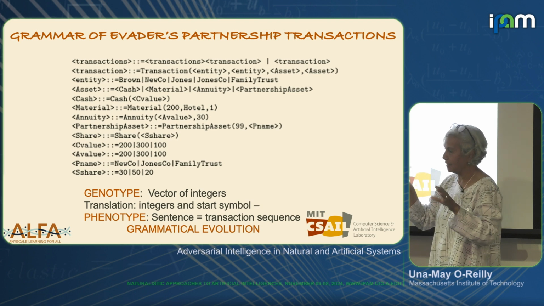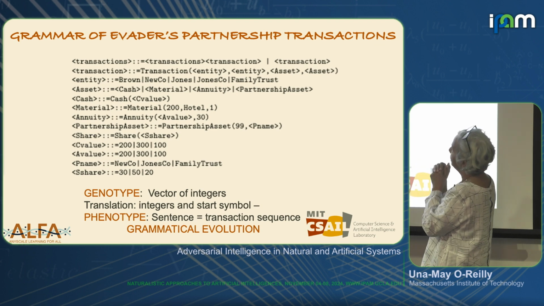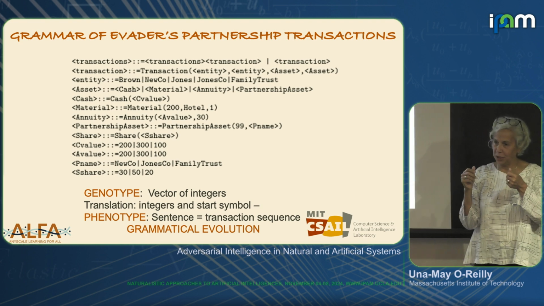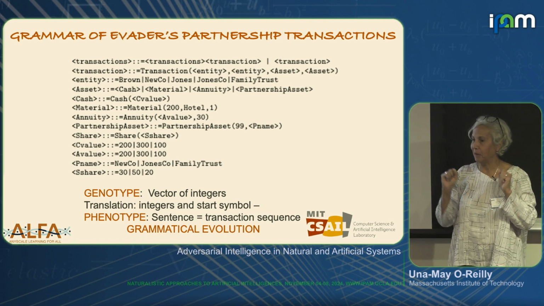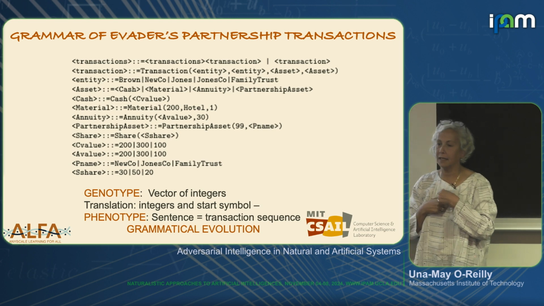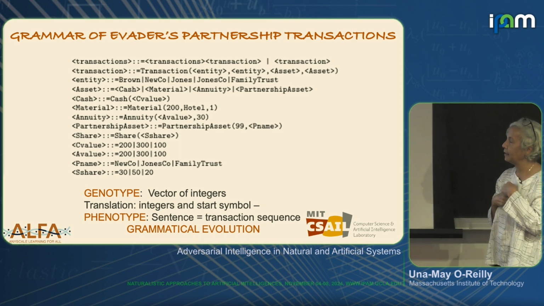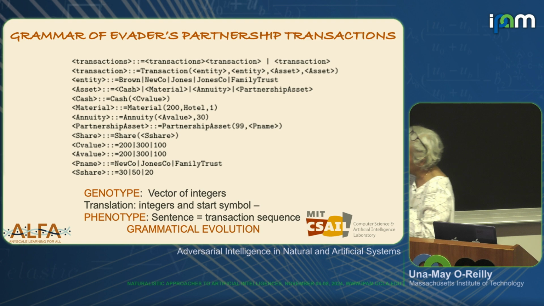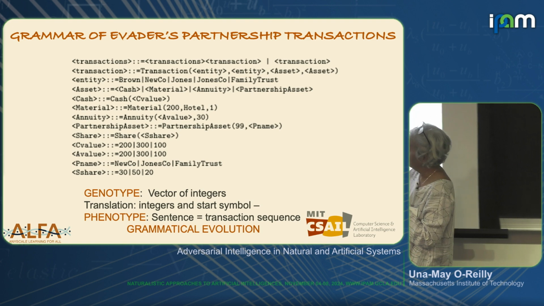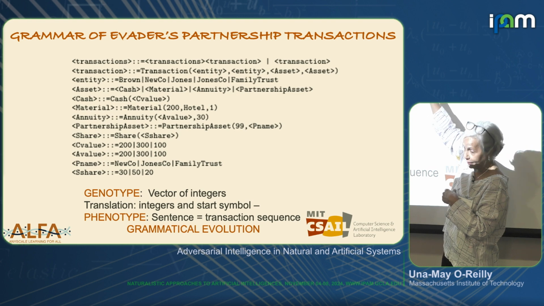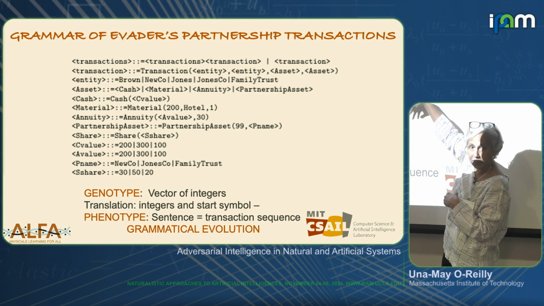So it's narrow, right? But it involves allowing any individual in a population of evaders, they may be lousy at it, to be able to create these partnerships, sell these assets in return for things. So let me just talk about this. My evolutionary algorithm has to represent a phenotype, which is a transaction sequence that's going to be derived from here, right?